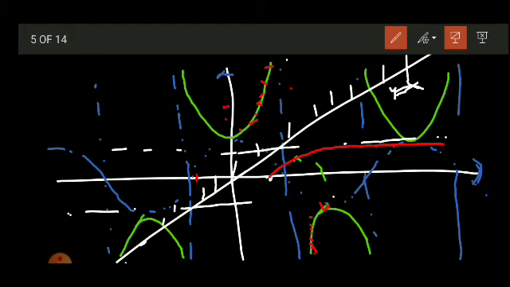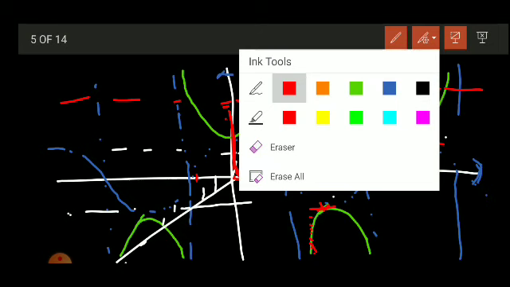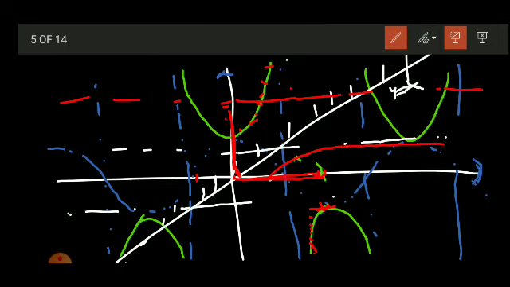So this portion is pi, this length is pi, and up to this length we have to take it. Here we are taking the mirror image of this point. I'm going to make a green point here, and this is the mirror image of this point.